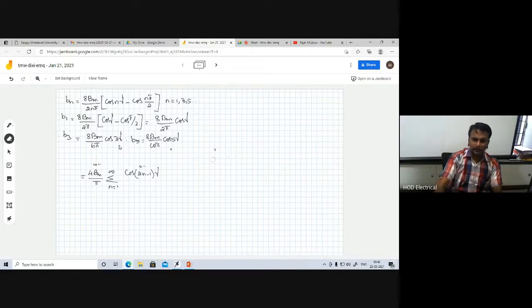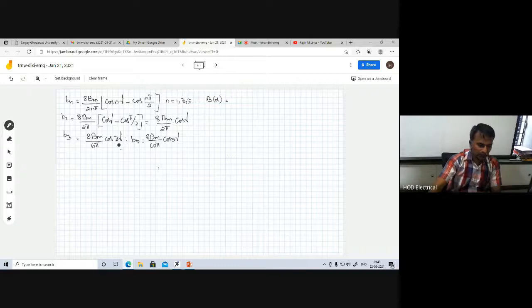So when we write this B alpha equation, we have derived it from the odd function. Let me write B alpha once again: summation n equal to 1 to infinity of Bn into sine n alpha.